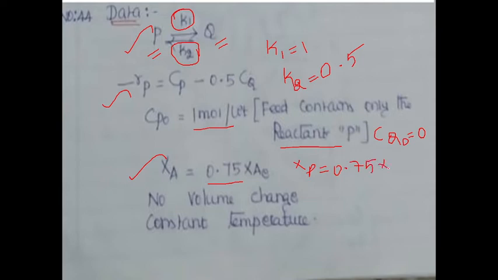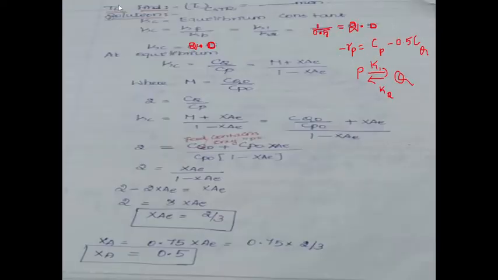We have the reactant P. There is no volume change and the temperature is constant. These are the conditions given. Based upon these data, we are going to calculate the space-time value.